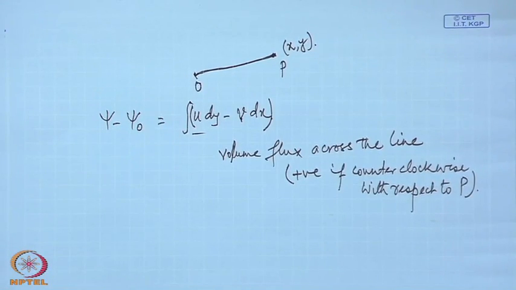Now, think about a pair of paths, two paths that completely make a closed curve.